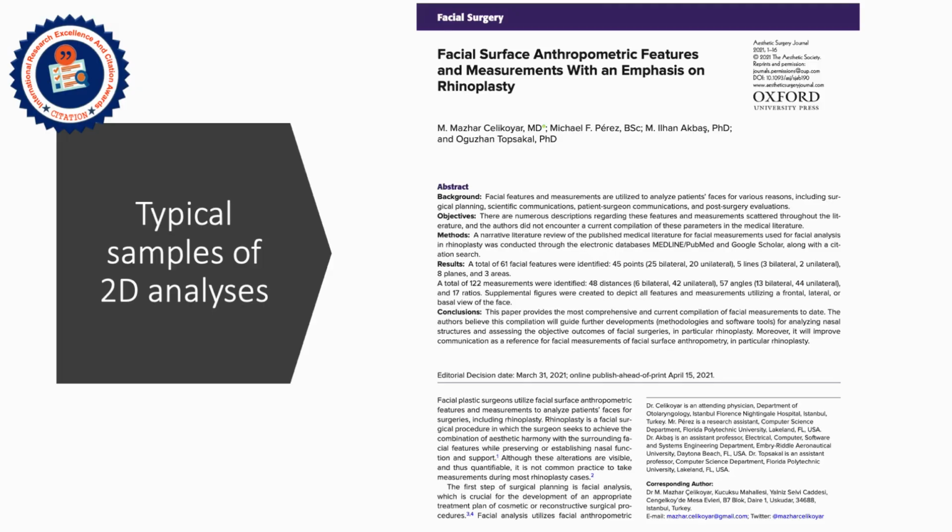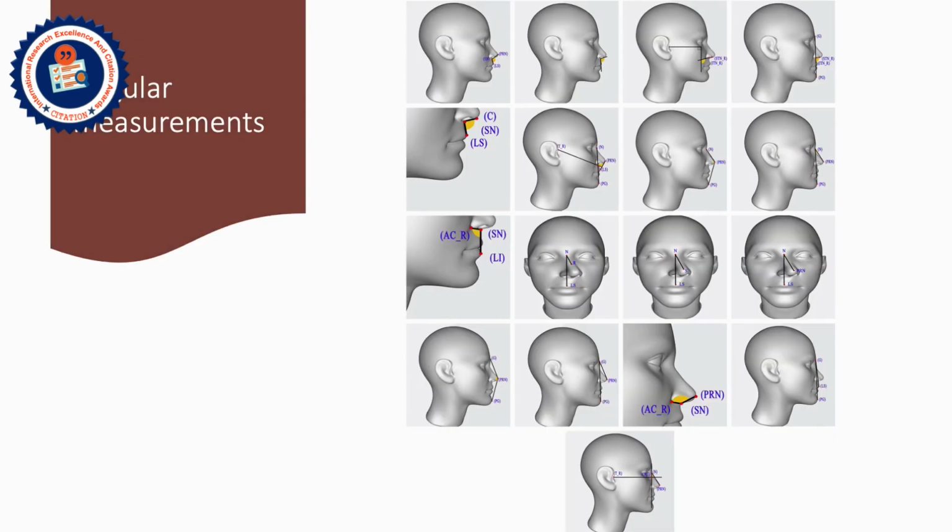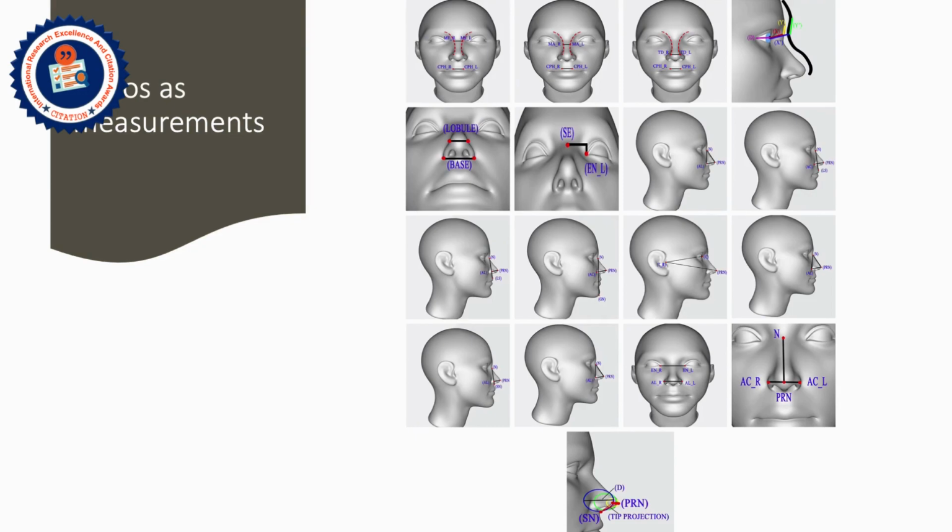We had a paper published on a collection of the facial surface anthropometric features and measurements with an emphasis on rhinoplasty, and we found that there were more than 122 measurements being done for rhinoplasty. And for examples of these, you could see the figures here about the linear measurements, the angular measurements, and the ratios.